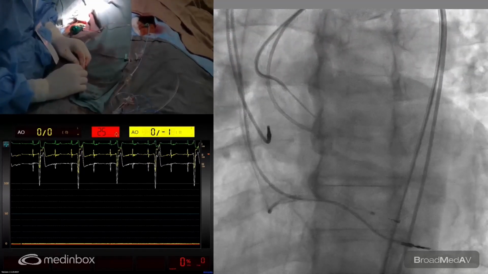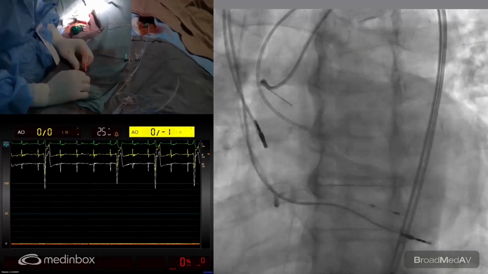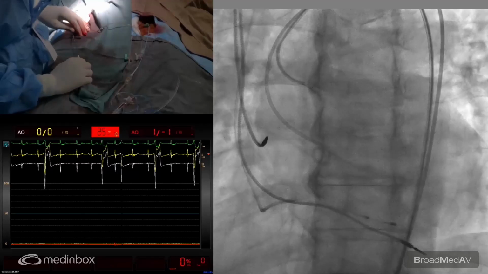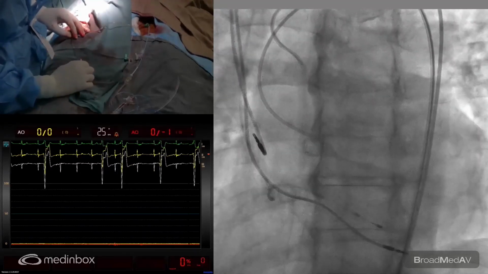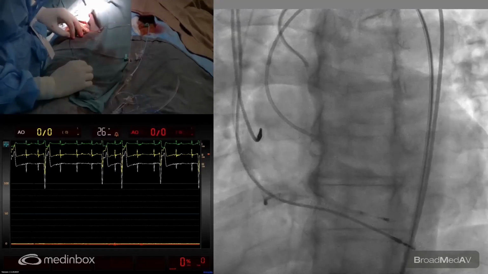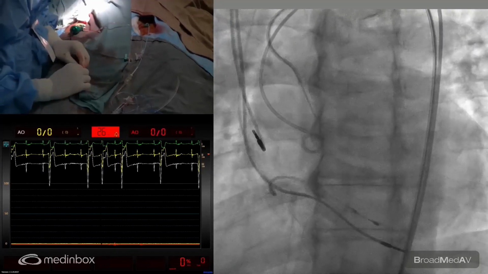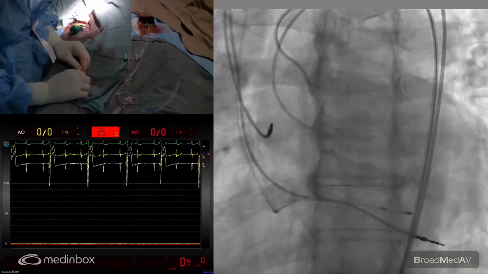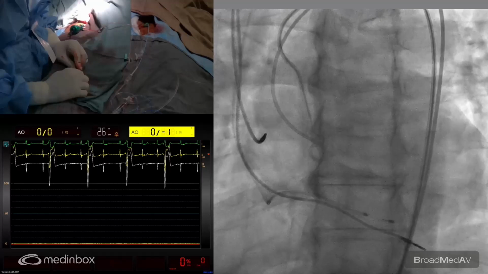It's a critical aortic stenosis, so we may have some difficulties in crossing it. Timer, please.